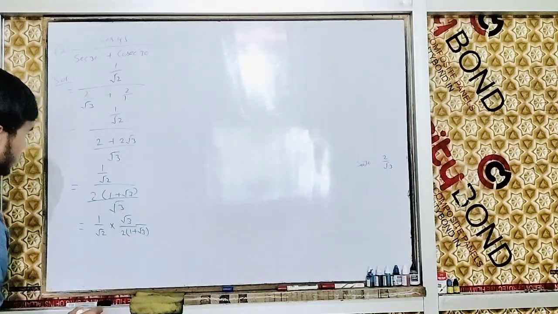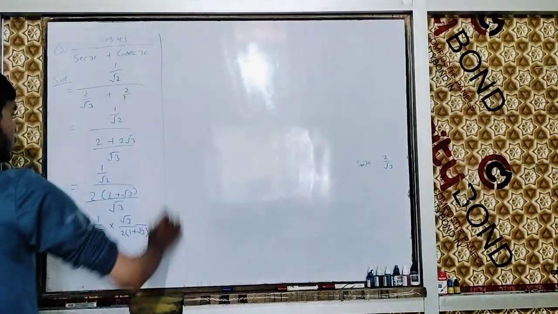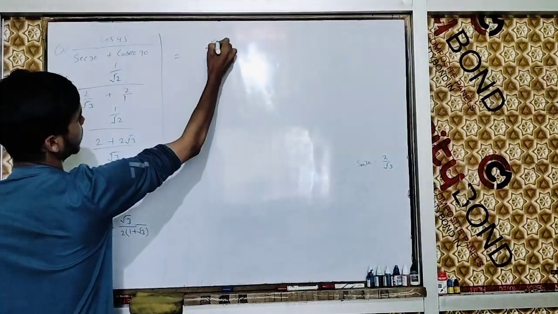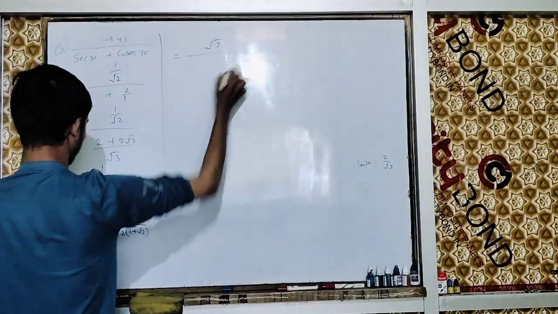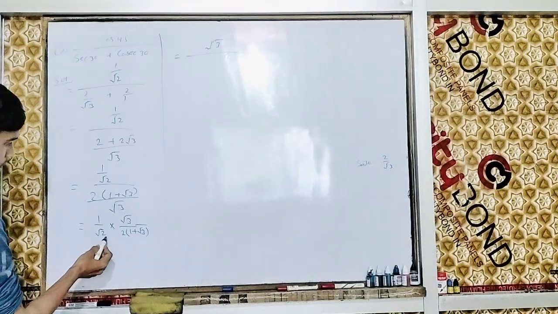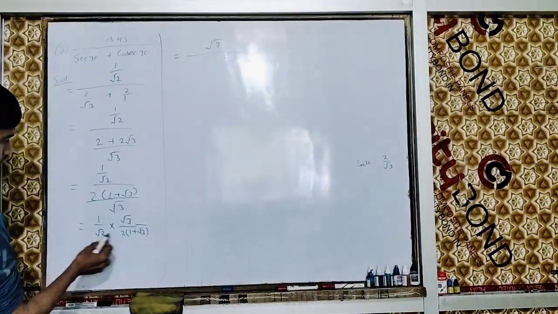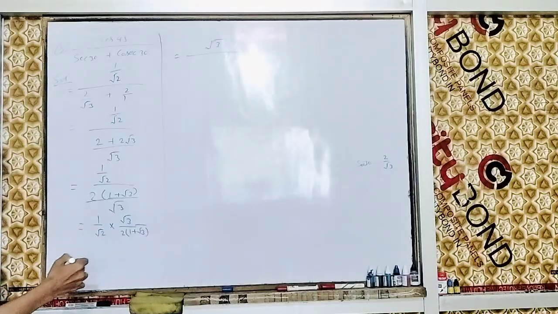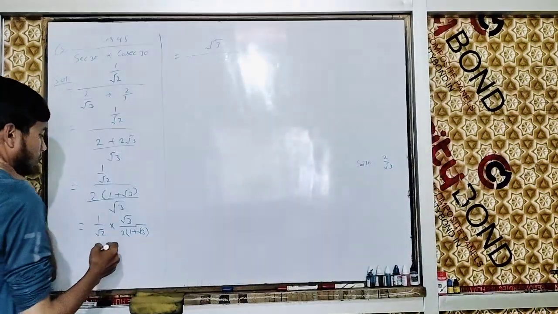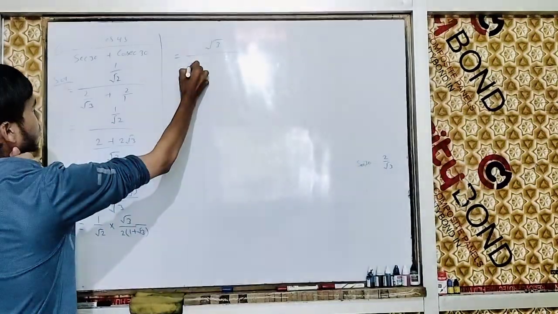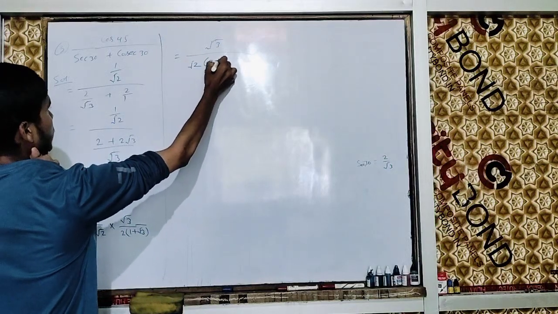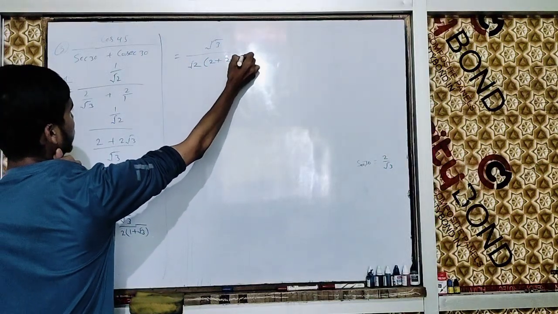Okay. So till here this is done. Next we have root 3 ones are root 3. Then multiply this with this, then this with this. It will give you how much? Root 2, then 2 to 1, then 2 root 3.